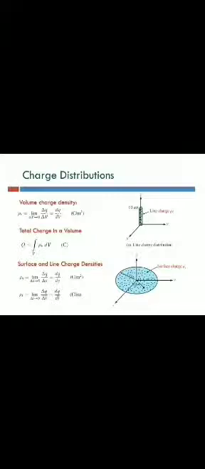Coming to the first part of this slide, volume charge density is represented by rho, which is given by the limit as delta V tends to 0 of delta Q divided by delta V, or dQ by dV. The unit of volume charge density is coulomb per meter cube, where meter cube is the unit of volume.